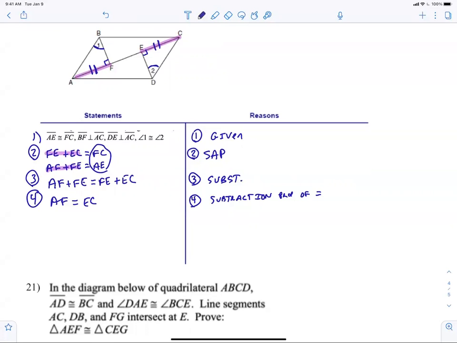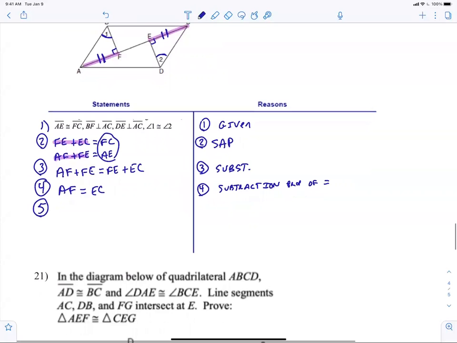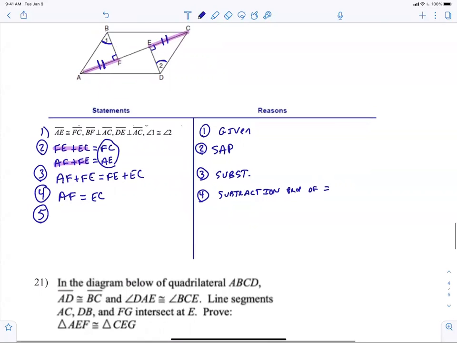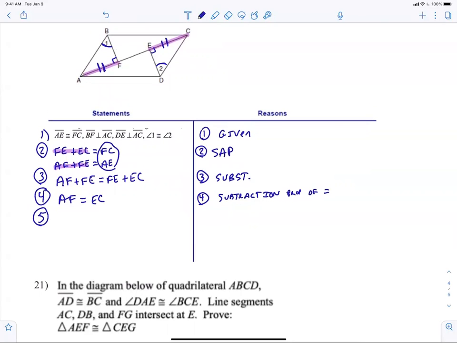So let's go with step 5. Oh, yeah, thank you so much. That's annoying. I just marked those without saying it. We're definitely going to need some more room. You can write smaller off to the side. I don't really care. So yes, thank you for that.